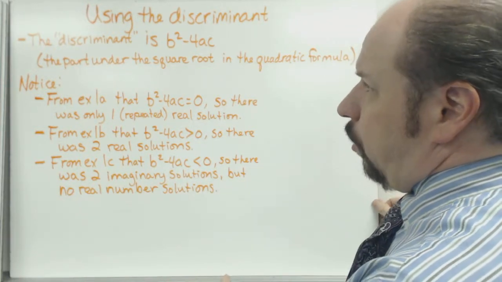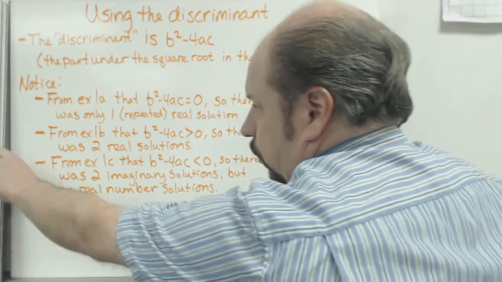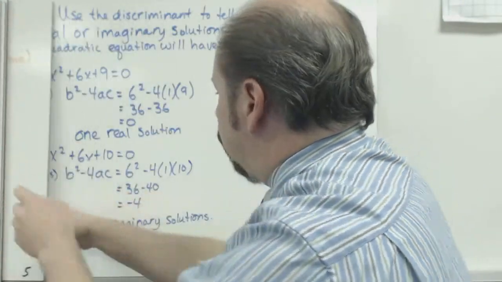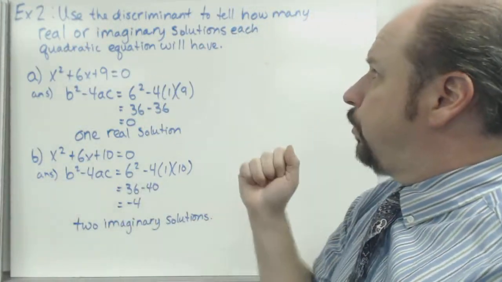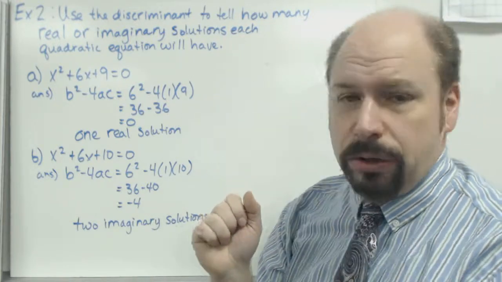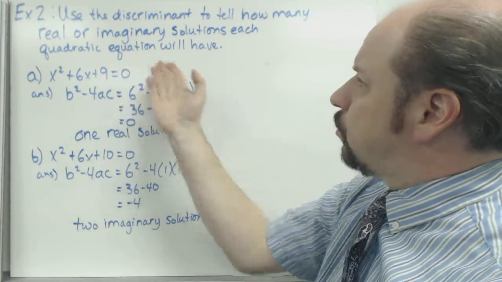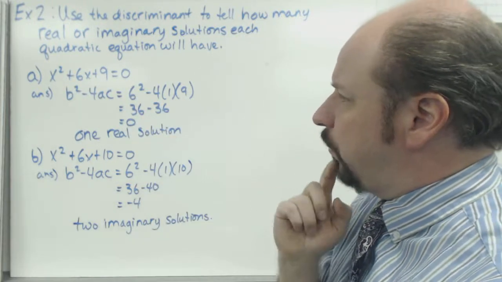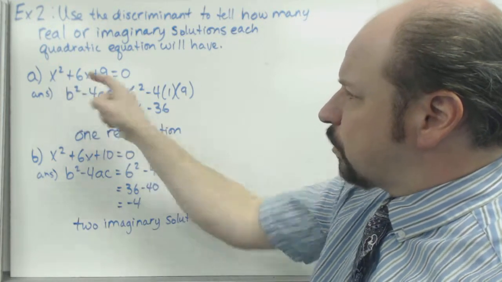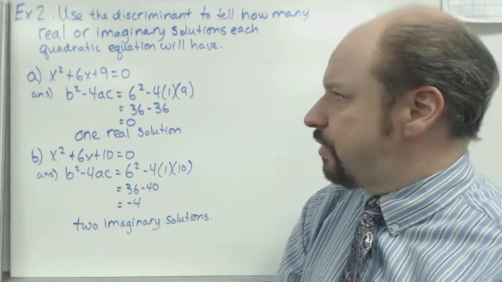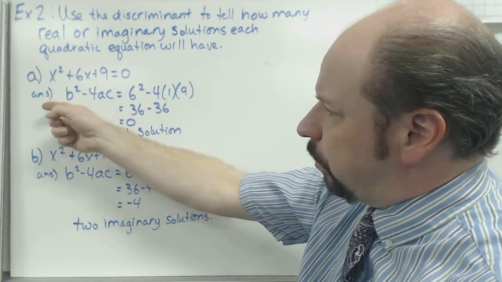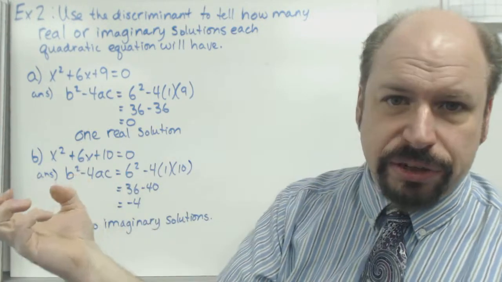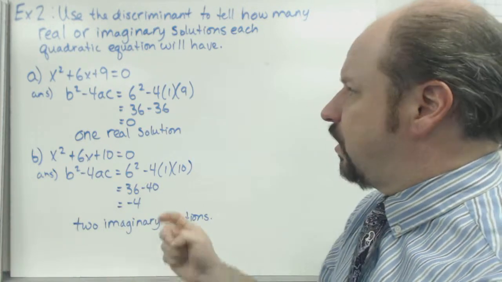Okay, so let's do a few examples of using the discriminant. Example 2: use the discriminant to tell how many real or imaginary solutions each quadratic equation will have. For A, x squared plus 6x plus 9 equals 0. Here for our answer, we're just using the discriminant, b squared minus 4ac.